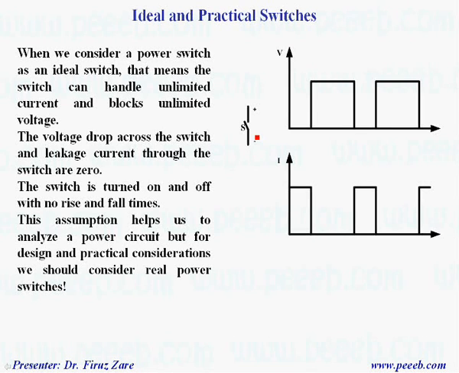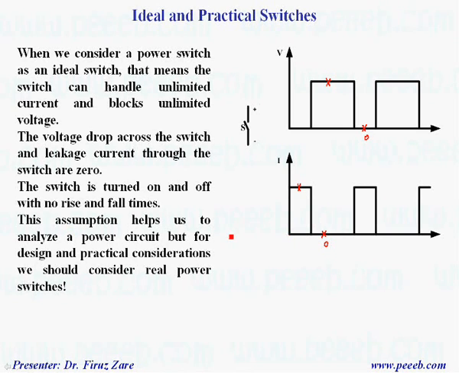When we consider a power switch as an ideal switch, that means the switch can handle unlimited current and block unlimited voltage. So unlimited voltage and unlimited current, and the voltage drop across the switch and leakage current through the switch are zero. So that means when the switch is turned on, the voltage across the switch is zero and the current through the switch is zero when the switch is off.